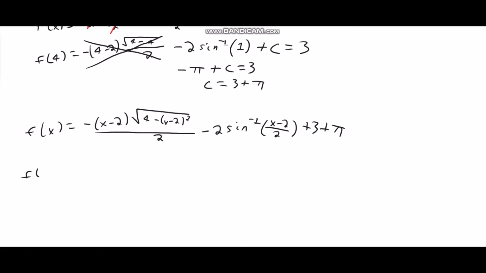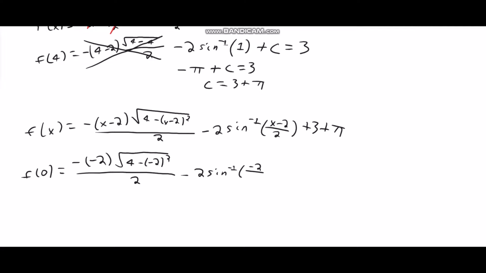Plug in 0, we get negative 2 square root of 4 minus (negative 2) squared, over 2, minus 2 inverse sine of negative 2 over 2, plus 3 plus pi.